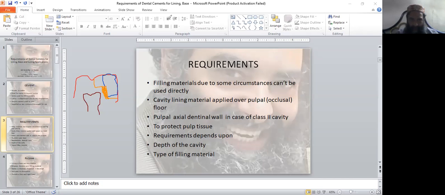So this will be our, this area is our pulpal occlusal, or pulpal axial dentinal wall.